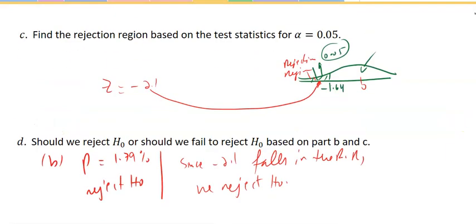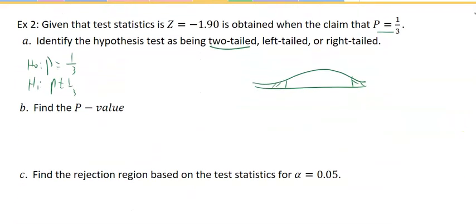Now, find the p-value. To find the p-value, I need to find this piece and this piece. Well, that would be twice the probability that z is less than negative 1.90.